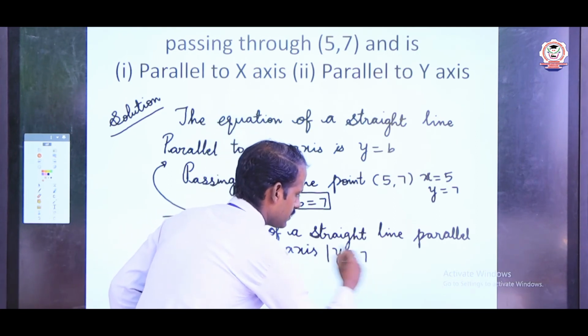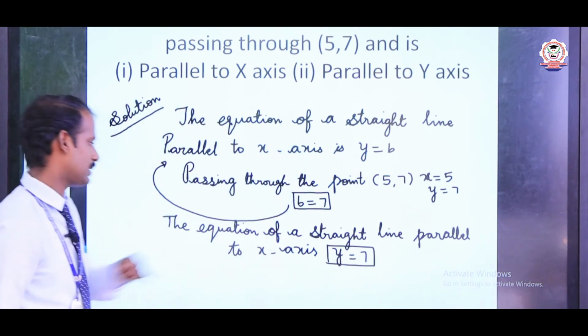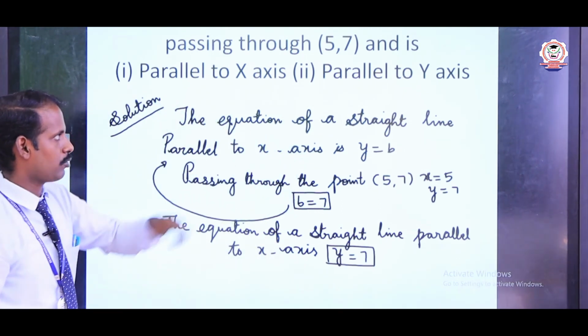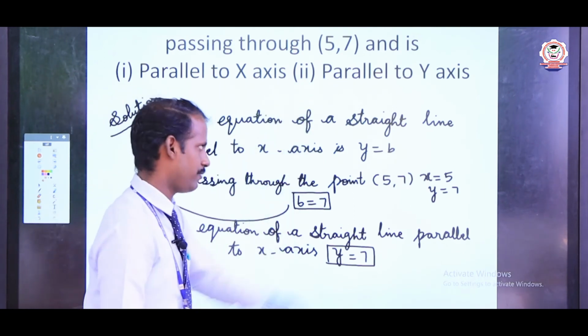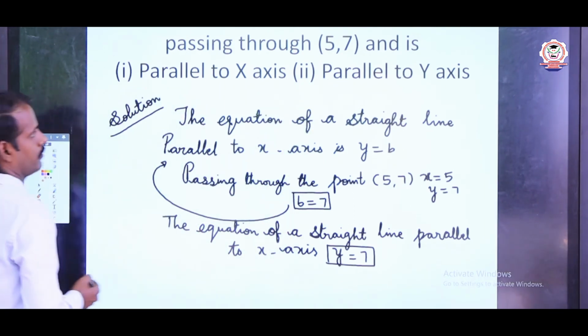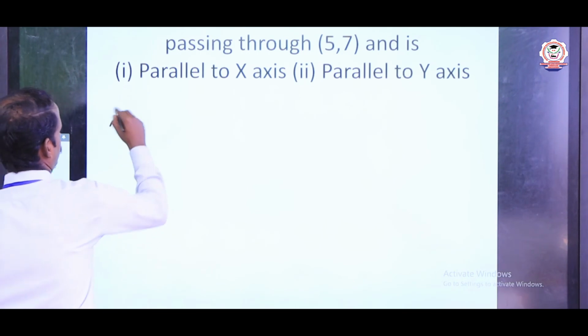This is the equation of the straight line parallel to the x axis. Now the second one, the line parallel to the y axis, we can find the same way. Second sum.